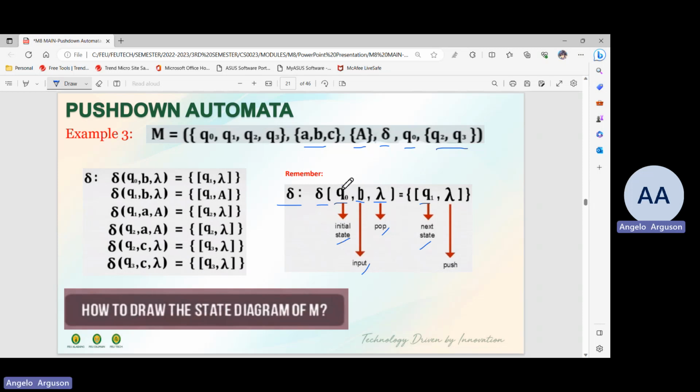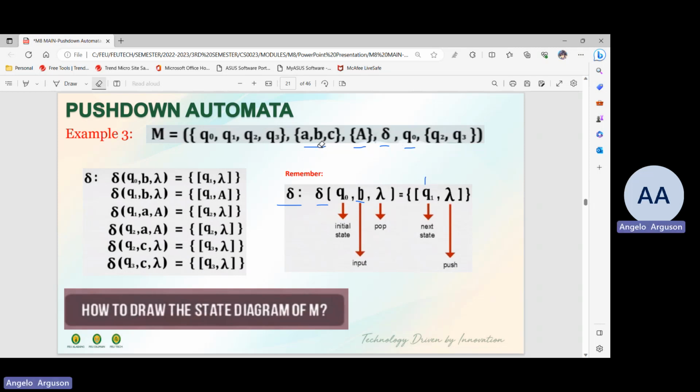This will be your initial, and this is your next state. The last parameter is the symbol that you wish to push onto the stack. In this example, they are null, or nothing to be pushed.